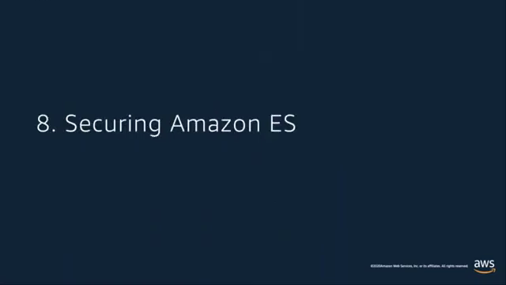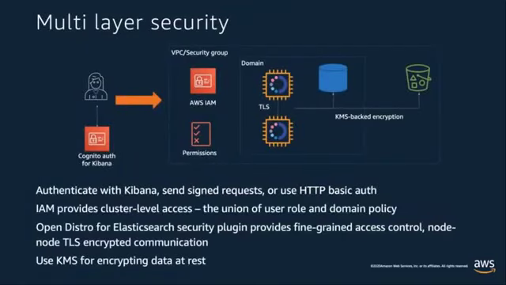Let's talk about securing your Amazon ES domain. We have a fairly complex security model now that's developed over the years that offers you various layers and places that you can apply security to the traffic that's coming to your cluster.